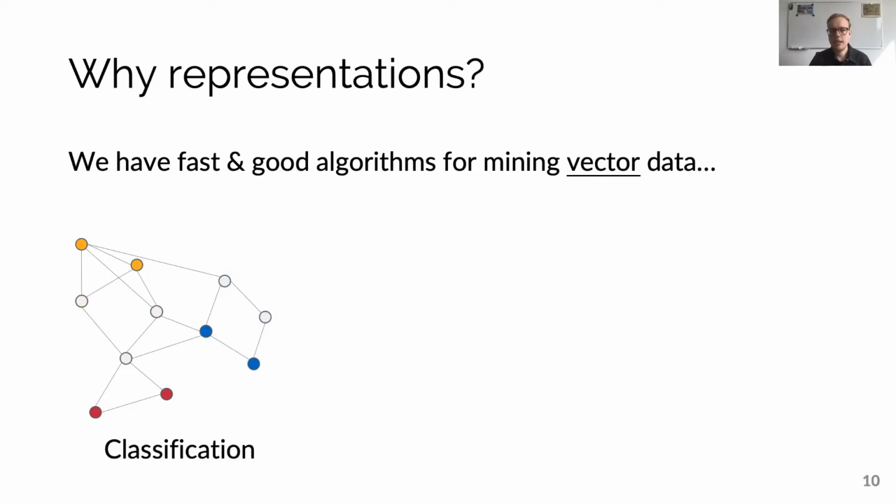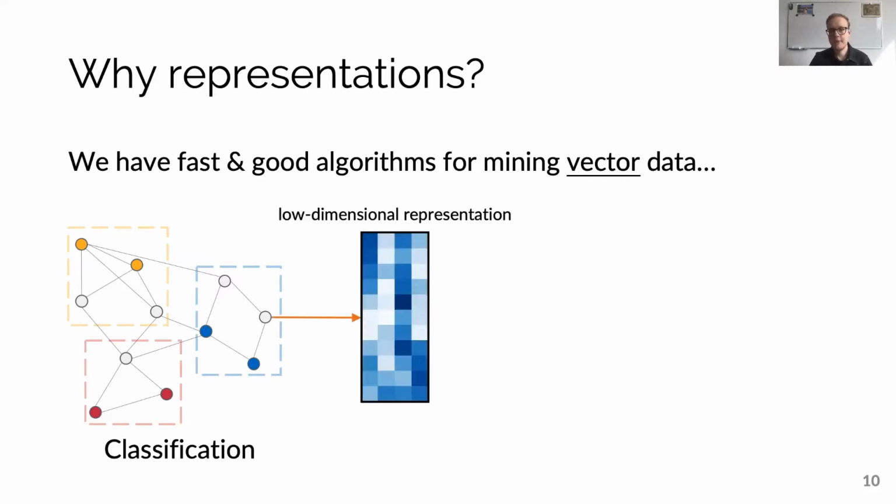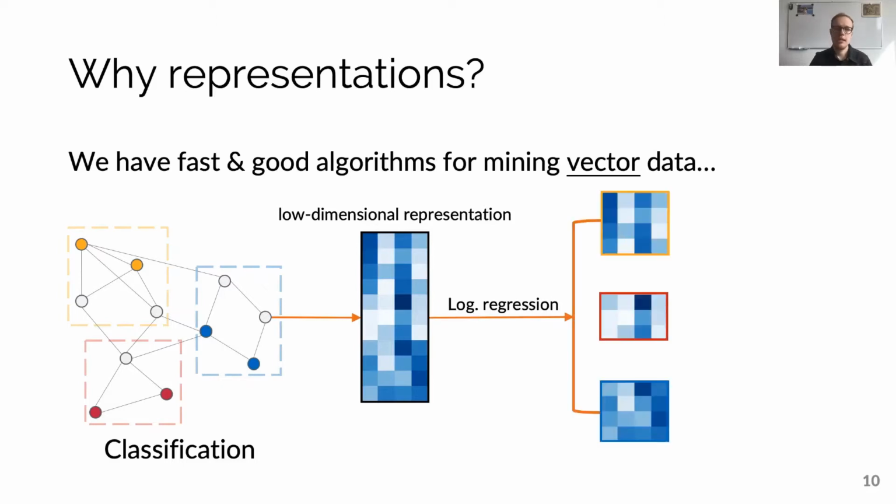In the same way, if we have some classification, with some unlabeled nodes and some labeled nodes here in color, we would want to predict the labels of the unknown nodes via the low-dimensional representation. For example, now we would apply logistic regression and get the labels for the unknown nodes.